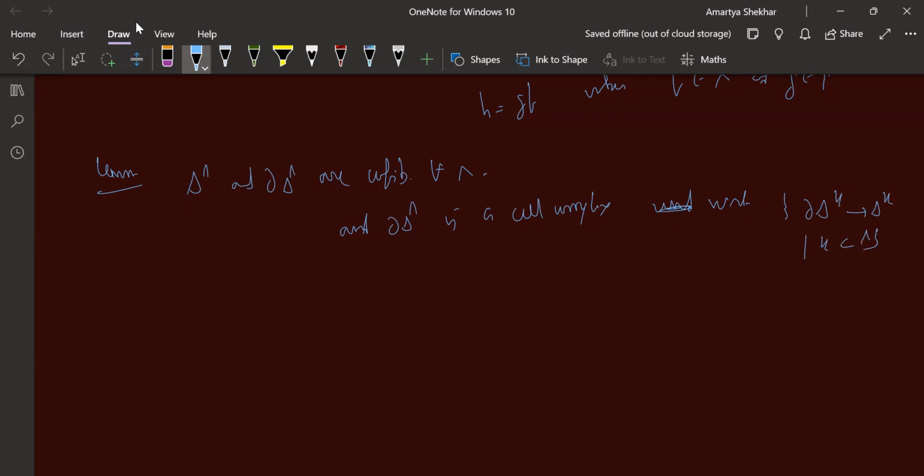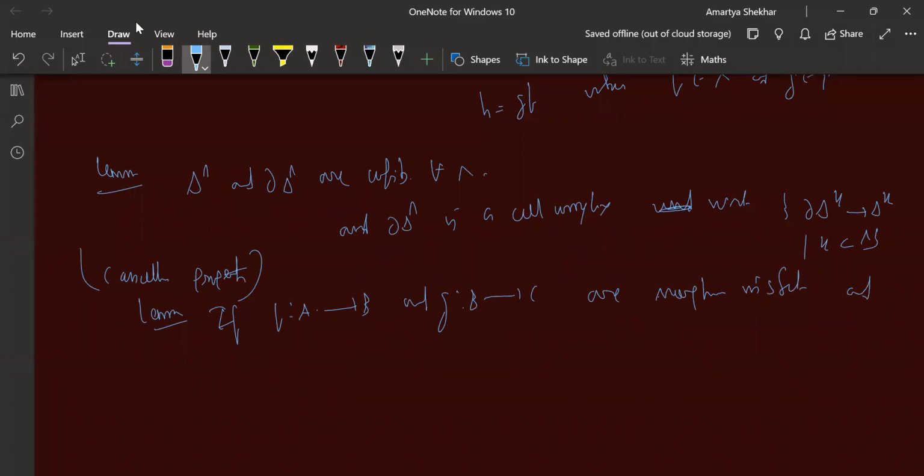Now another important lemma, some sort of cancellation proposition, a cancellation property for trivial fibrations. Suppose F and G are morphisms in the category of simplicial sets, and F and G F are trivial fibrations, then so is G.